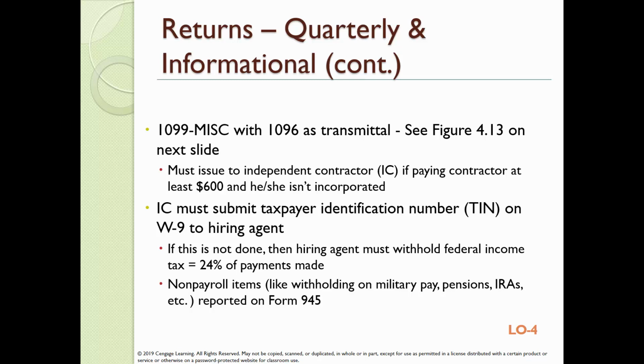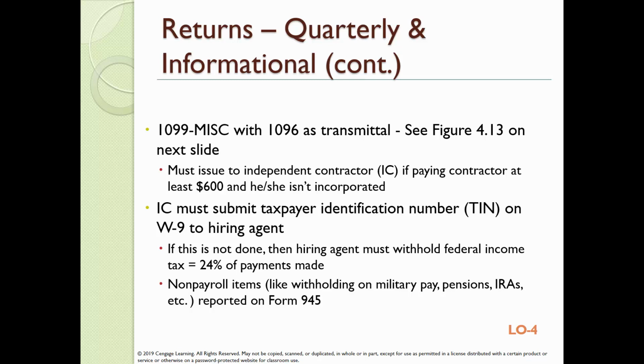But you have to meet 3 conditions. You have to have earned over $600. It has to be for a service you provided me, not tangible products. So you mowed my lawn, you drywalled my commercial building, you configured my hardware. It's for a service. And you can't be incorporated.